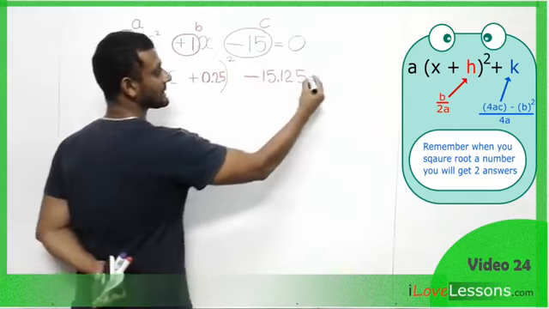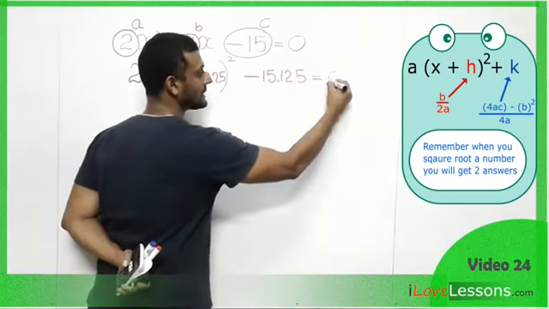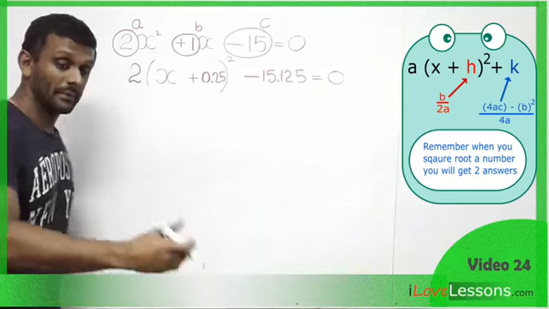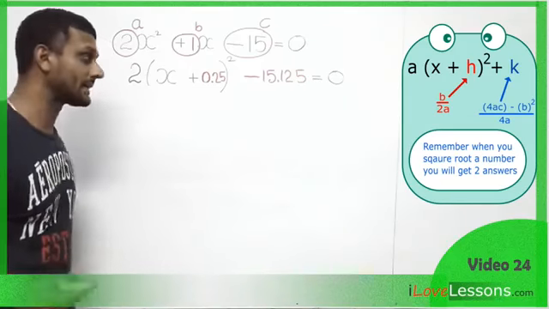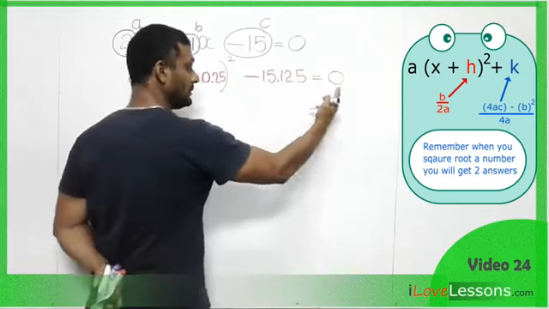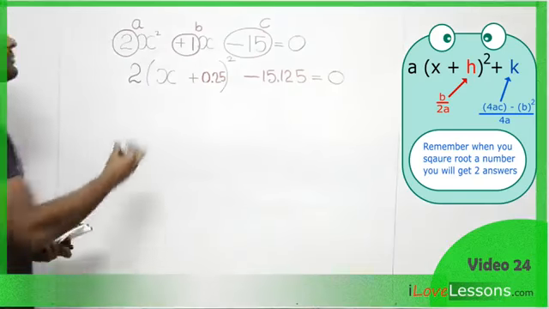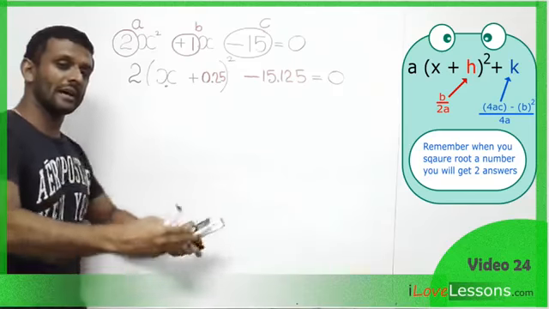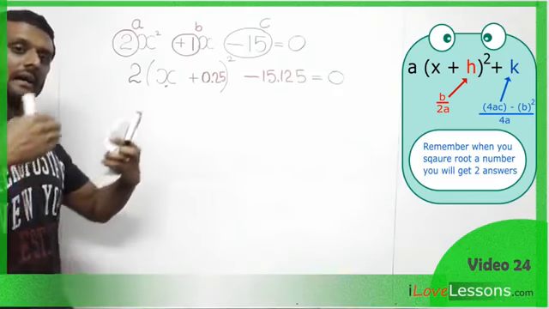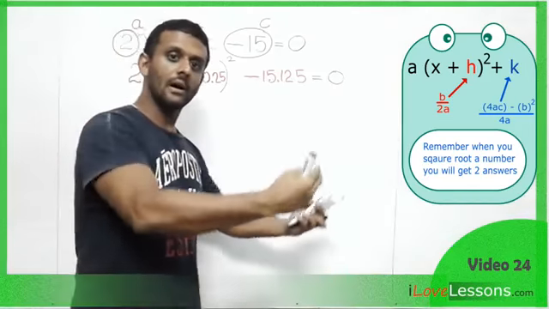To solve the quadratic, make sure I always put it equal to 0. Now, in my previous videos, I was always saying that if you're going to solve a quadratic, make sure it's equal to 0. What we're going to do, we're going to solve for x, which really means we're going to try to get x on one side and every other item on the other side.